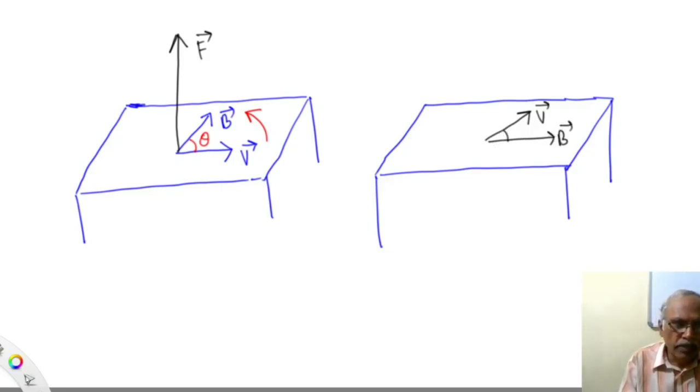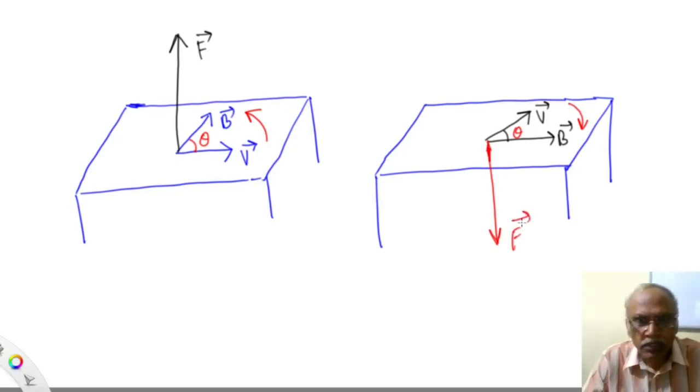The angle between them is theta. Now rotate the screw from V to B. Then the screw will move in the downward direction. So this is the direction of V bar cross B bar, and this is the direction of force.